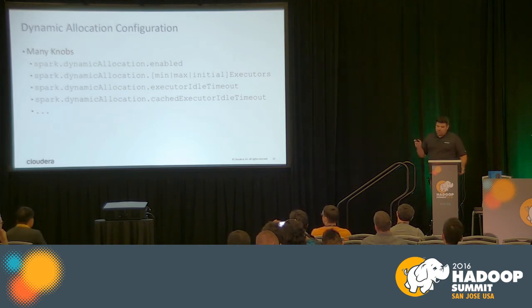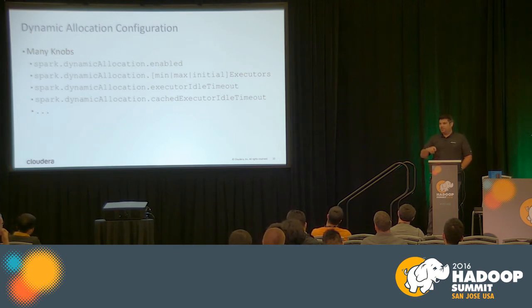There's actually a problem with dynamic allocation and caching. If you're doing caching, you really can't give up executors at that point because your executors are holding your cache. So there's a config that you can specify a timeout for the cache.